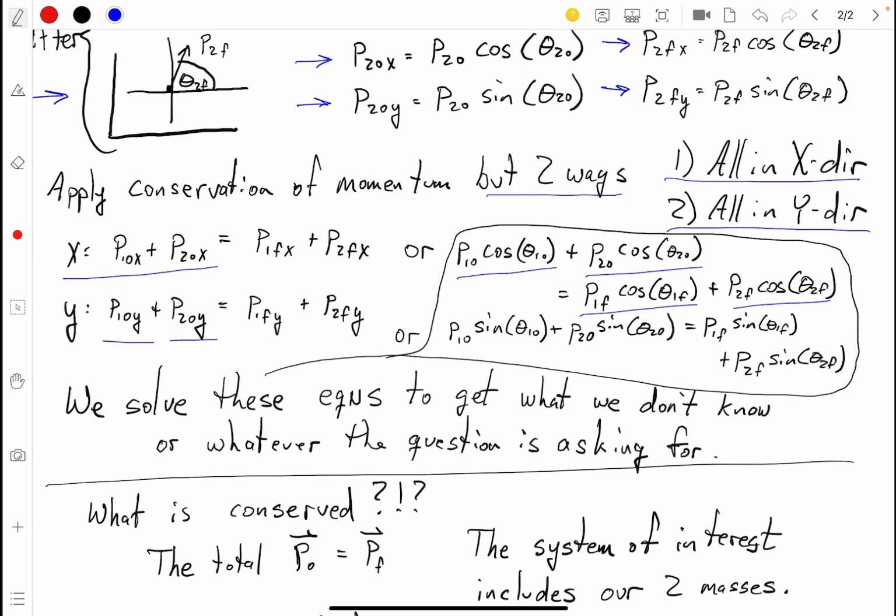Now this one right here, same kind of thing, but this is all in the y direction. That means this plus this is equal to this plus this. It's pretty simple. And then we solve those equations to get exactly what we don't know, or whatever the question is asking for, right? If we know all the stuff, we know a bunch of angles, and we know masses and velocities, final velocities, initial velocities, all those things.